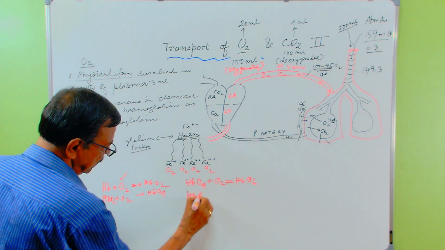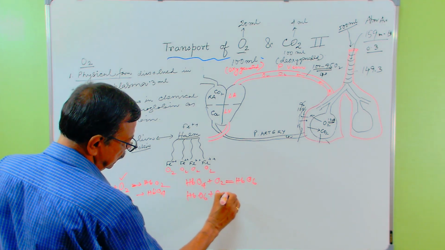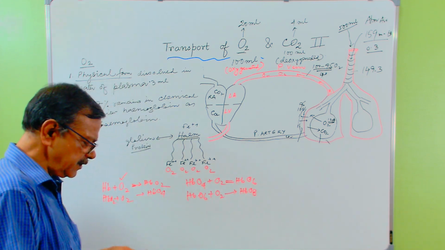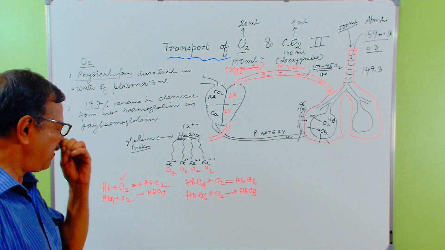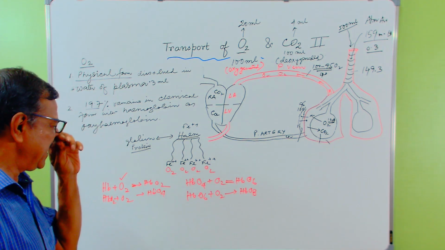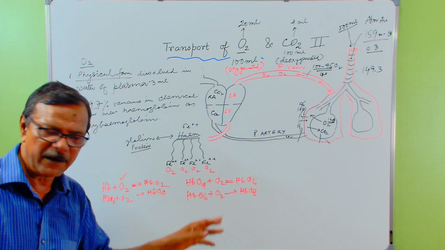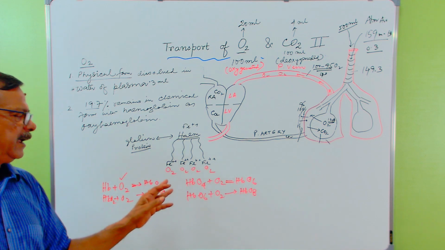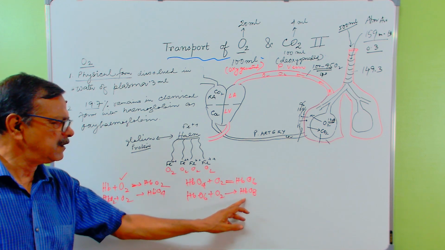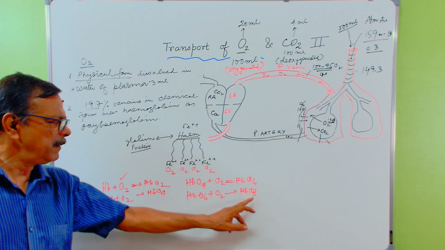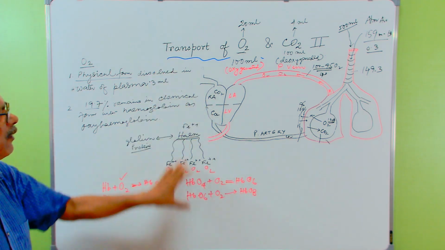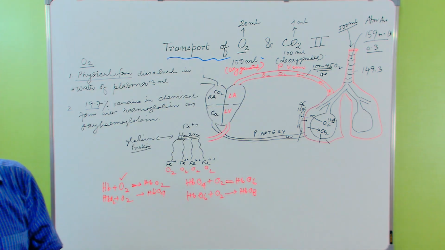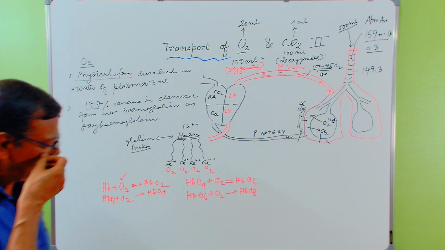Then HbO6 plus O2 gives HbO8. This is the form in which oxygen is carried as oxyhemoglobin. The hemoglobin contains 4 atoms of iron, and each iron can join with 1 molecule of oxygen. This is the formula of oxyhemoglobin, that is hemoglobin plus oxygen. These are the two forms in which oxygen is carried. Clear?